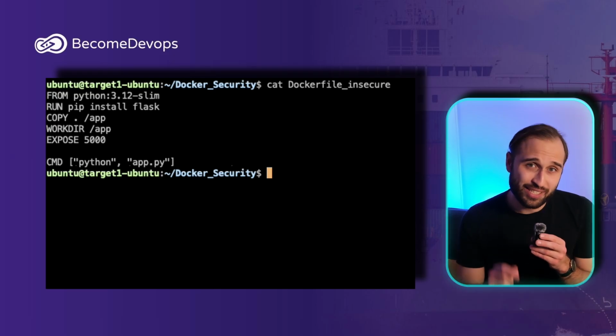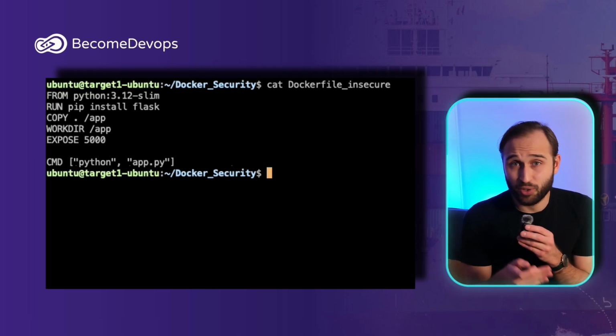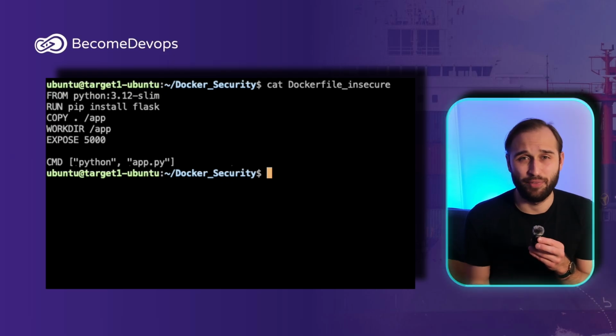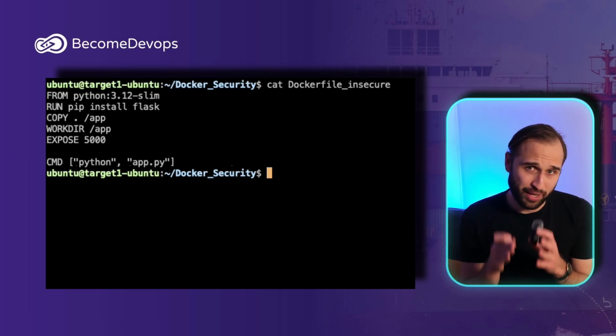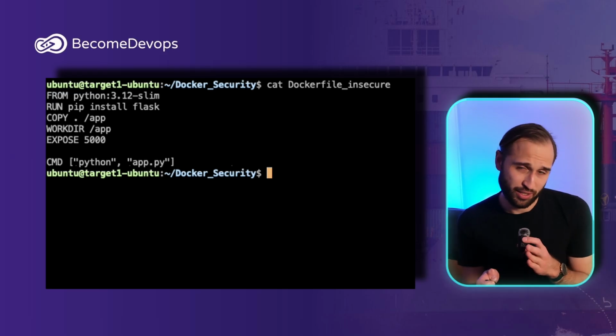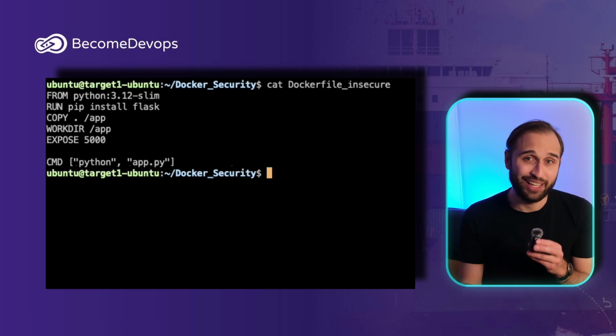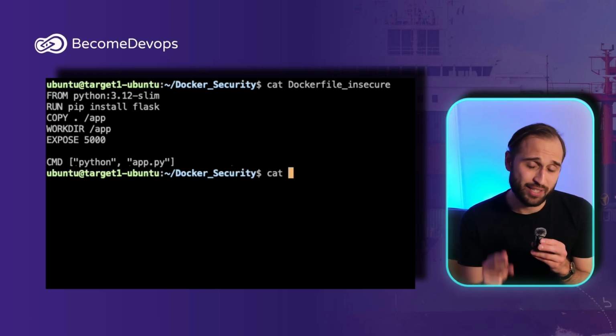And thirdly, the system libraries your app relies on, so anything that your application really depends on to run. And here's the truth: if you pick a bloated base image, you will get a bloated container. But if you pick the right base image, you will get a clean, stable, and fast image.